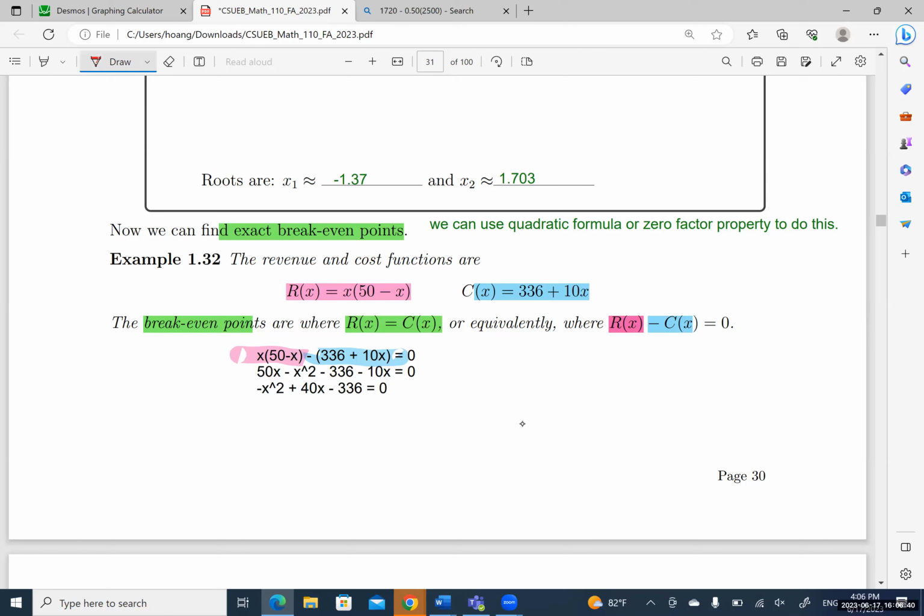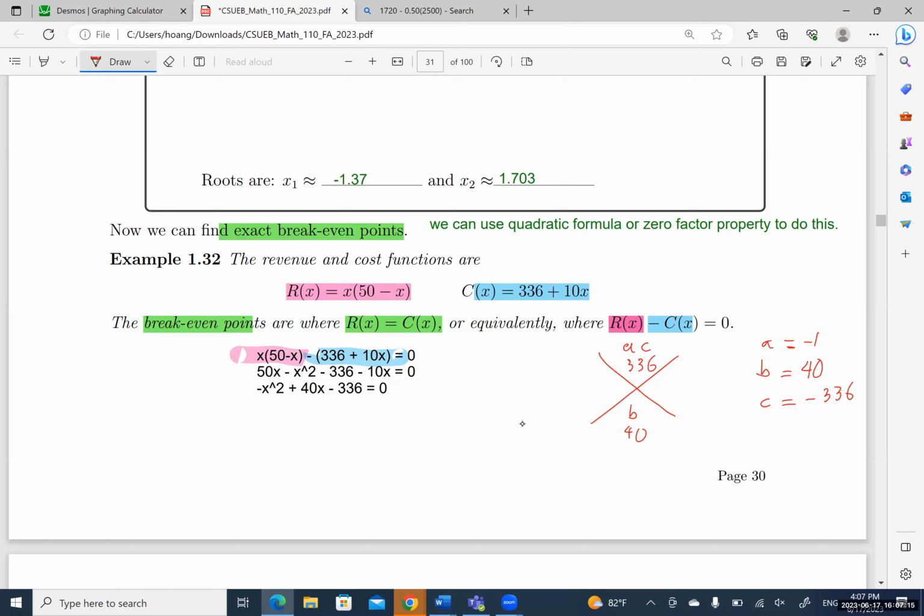So I need to identify A, B, C first, right? A is -1. B is 40. C is -336. Okay, so A times C is going to be 336 and B is equal to 40. So we need numbers that multiply to 336 and add to 40.